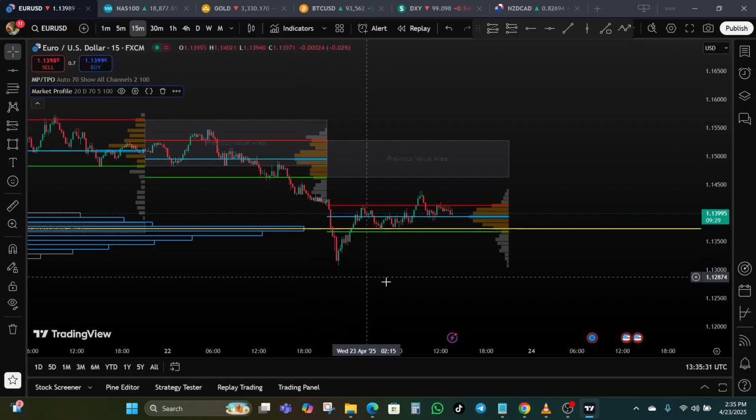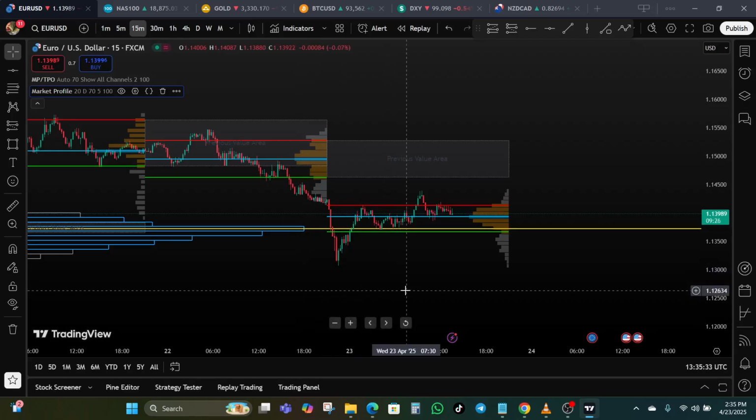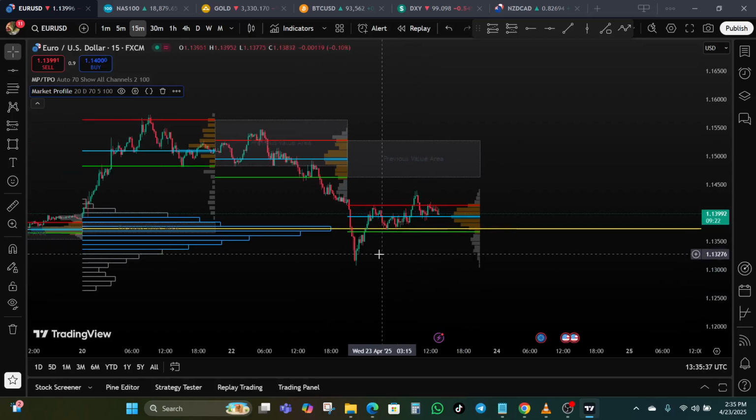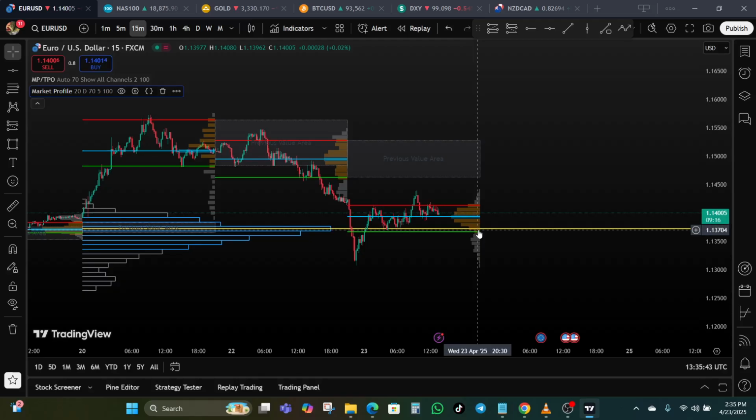Now we have the high volume nodes, which are support and resistance zones where price tends to consolidate. And we also have the low volume nodes, rejection areas where price moves quickly through with little interaction. Each of these areas gives you context, what price levels matter and which ones the market does not care about.